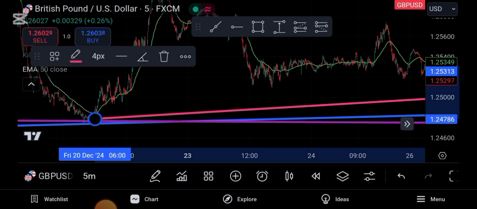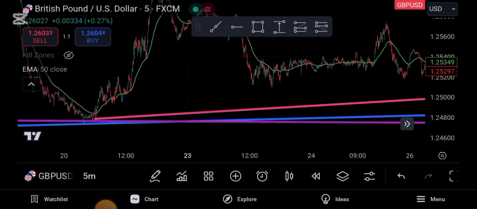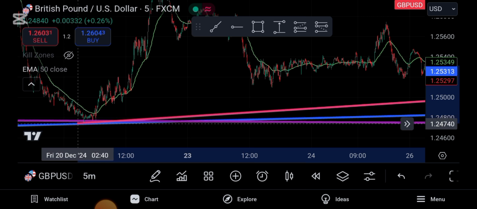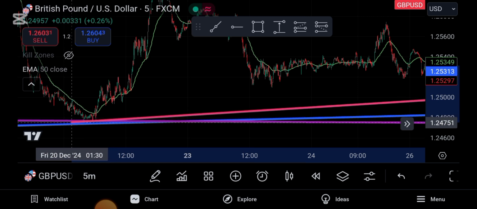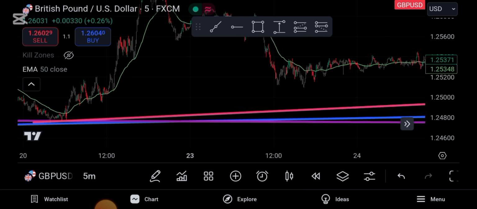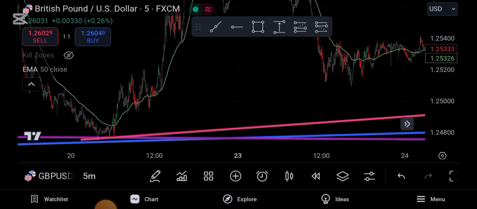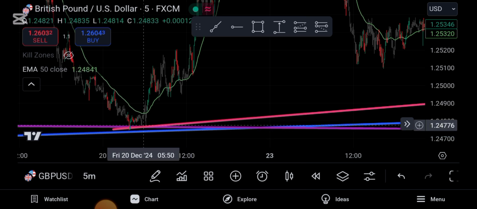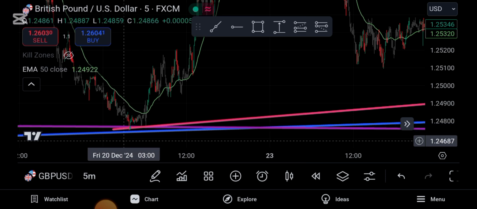We have one touch point, two touch points. One touch point, two touch points. Two of them, not almost touch points, but actual touch points.